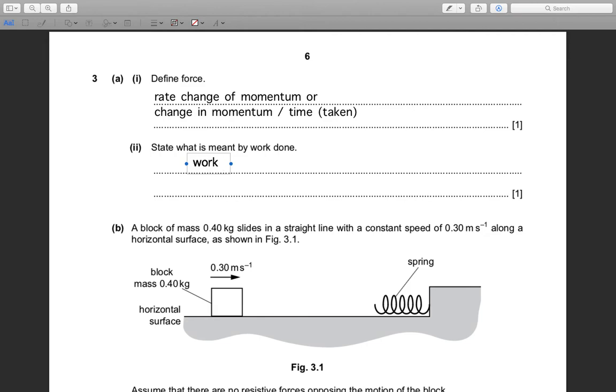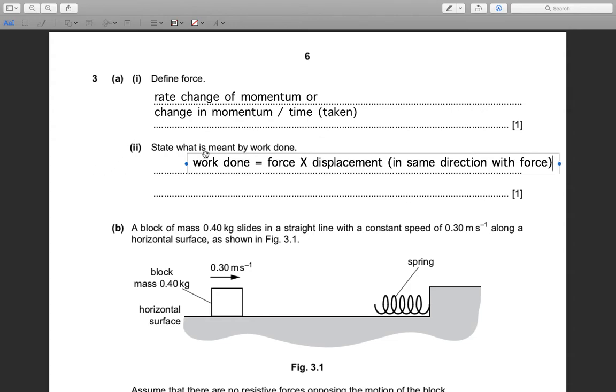Work done equals force times displacement, but in the same direction as the force.